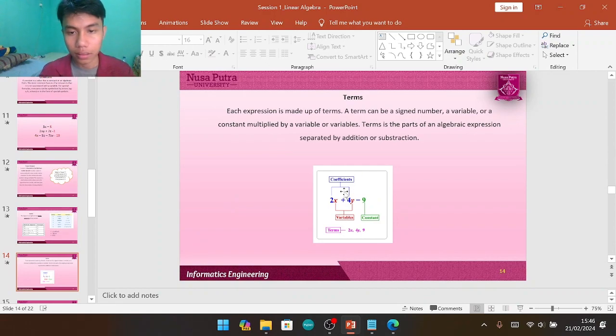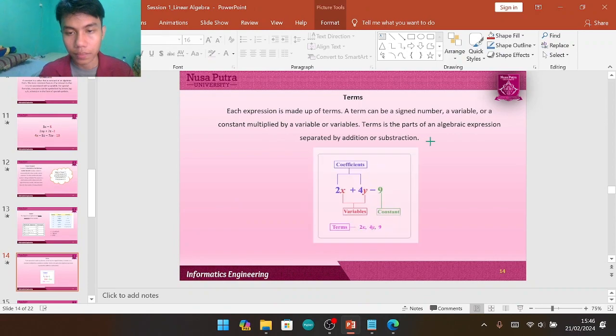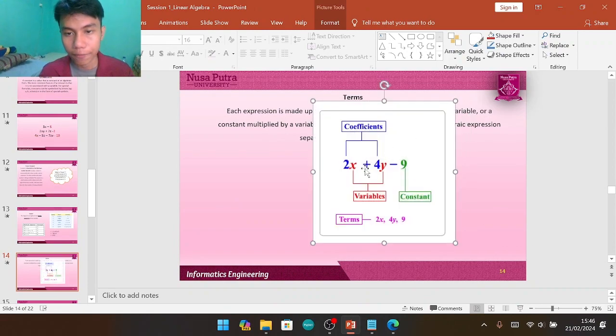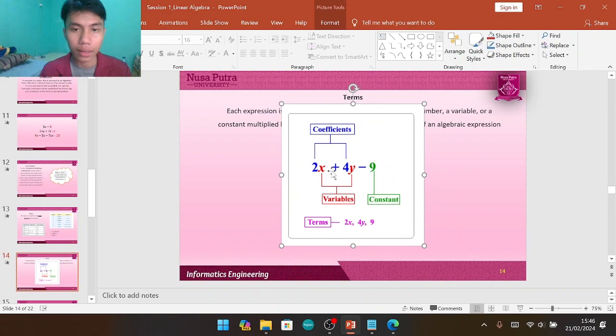So there is the example terms. Now this is the coefficient, right? The 2, there is 4. Also the variables are x and y, and there is 9, the constant. So the terms are 2x, 4y, and 9. That is terms.